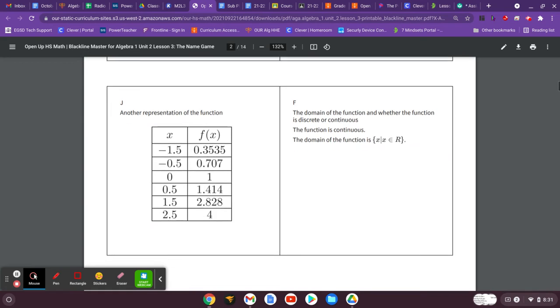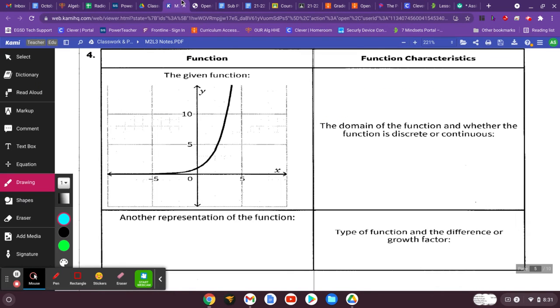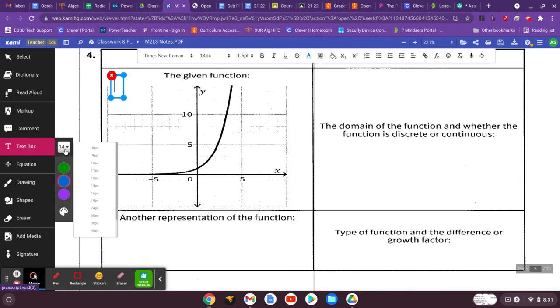I'm going to go ahead and work through here. If you're checking yourself, one representation, if you're looking at this, it's exponential. One thing you can do to try to figure this one out is click on these different points that are on here. So I'm just going to text box these points because it's hard to write them on here.